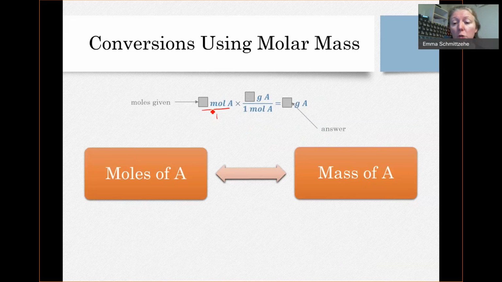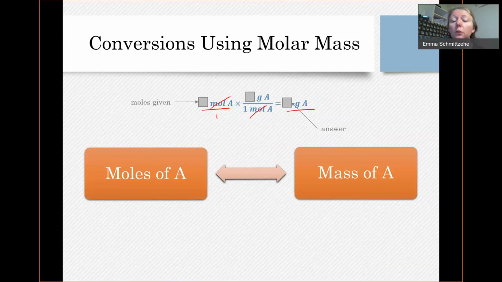So we start with moles, so we'd put moles on bottom, okay? And then we'd put grams on top. And then that grams on the top, that's the molar mass. That's the value you look up on the periodic table, the number of grams in a mole of whatever you have, okay? So you'd multiply that through, and that would give you the number of grams. So that would give you your answer, okay?